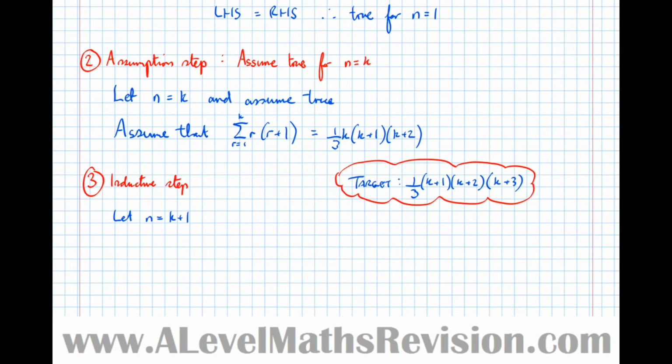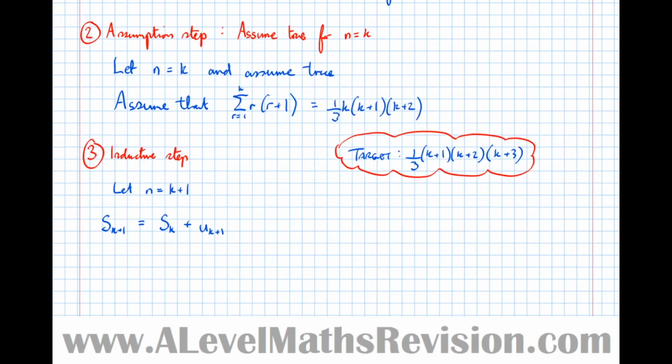Now we know the sum of the first k plus 1 terms is just the sum of the first k terms plus the k plus 1th term. So we're going to use that fact and our assumption to prove the next part. Our sk, we've already assumed to be true an expression for that.